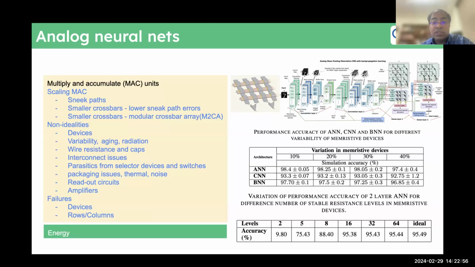And you can see some of the results here, even with a large variation. If you train the system in a way that it can tolerate these changes in conductance, it still doesn't really affect the overall recognition accuracy and things like that.